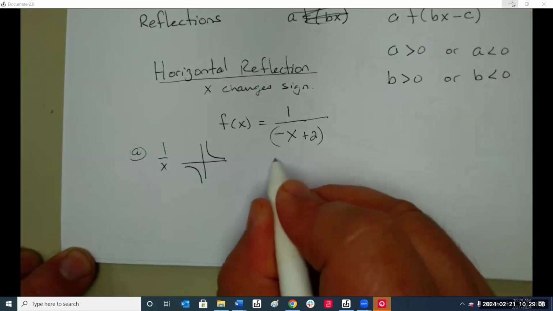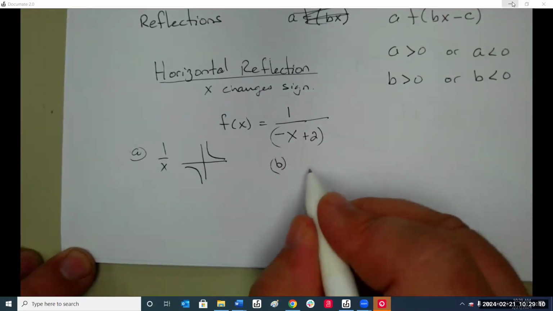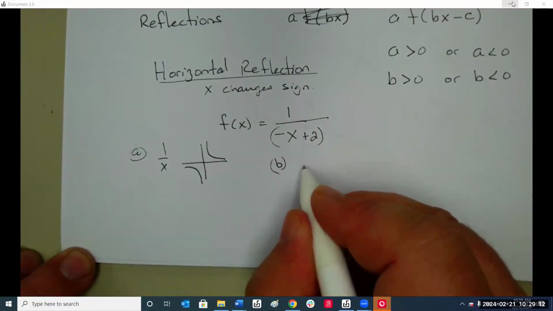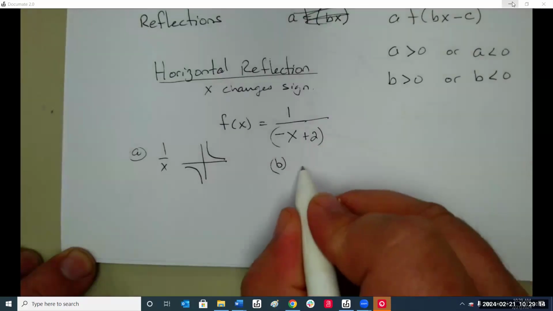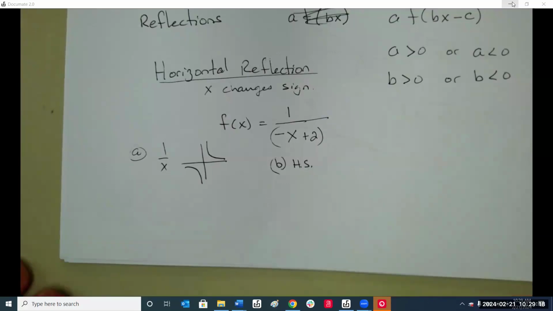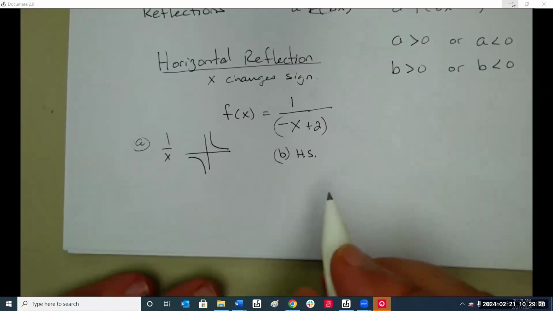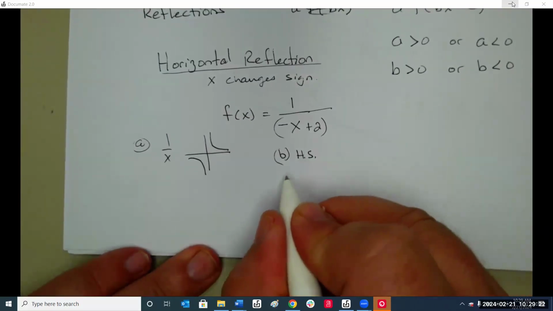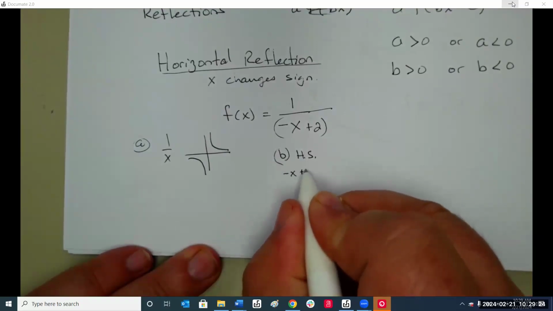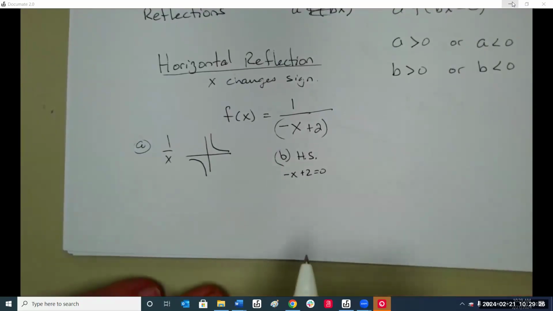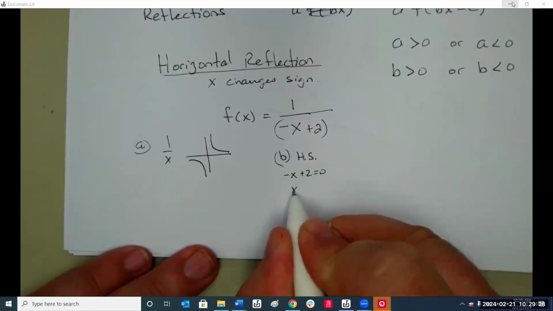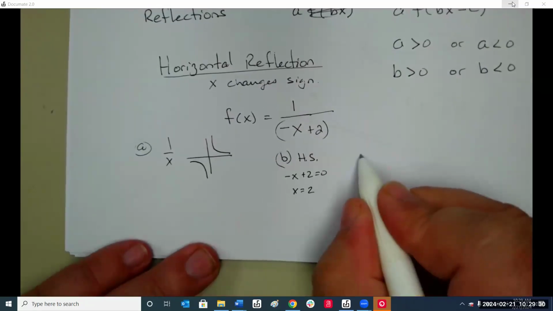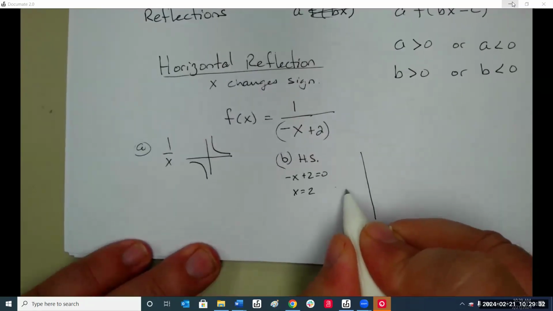The second thing you have to look at is the horizontal shift. So we have negative x plus 2 equals 0. x equals 2. So it shifts to the right 2 spaces.